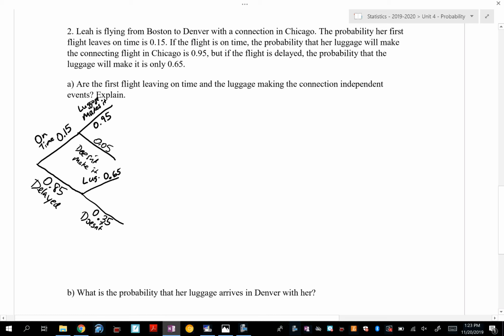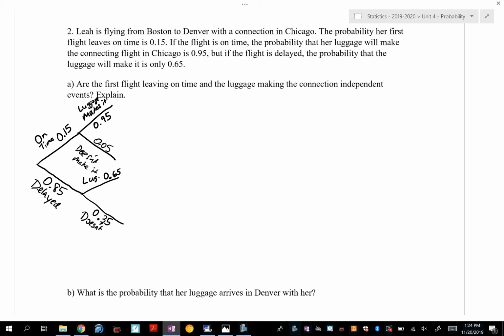Sorry, it's so hard to read. Who's got a question on the tree? Which one? There's a lot up there. 0.65 is luggage. Yay, luggage. It made it. I'm holding my luggage. You can write bag. Sounds good. And then no bags.